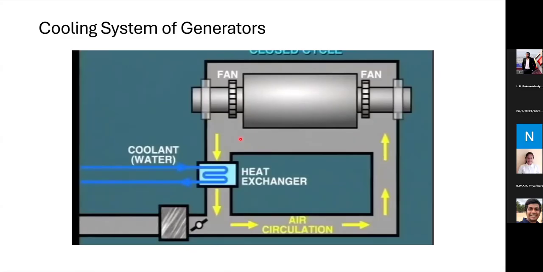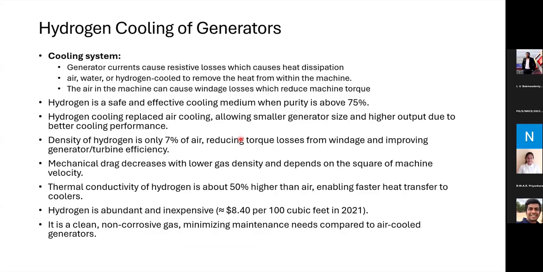So you need some mechanism to dissipate that heat out from the generator. Otherwise, it could damage the insulation and reduce the performance of the generator, as increased temperature results in increased resistance of the windings, as well as a reduction in magnetic flux in the magnetic laminations. So in order to avoid that, we have cooling systems.